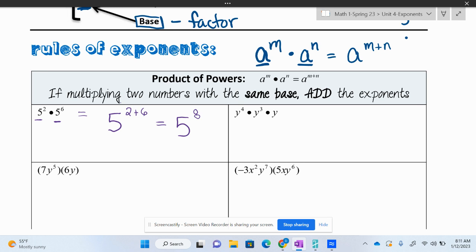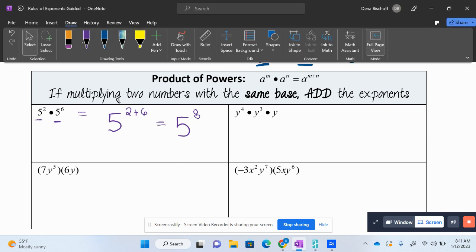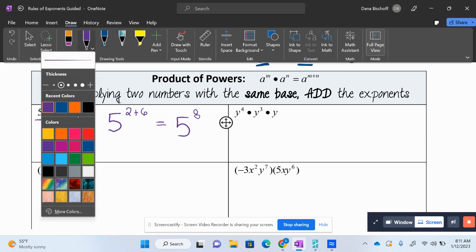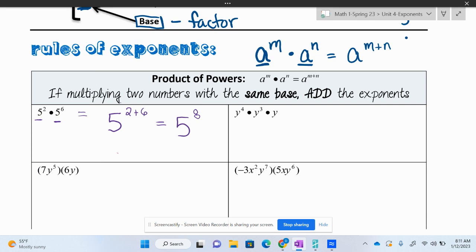Okay. I'm going to tell you why that is. I'm going to show you something because I think this visual will help you. Do you guys remember yesterday we talked about what this means? 5 squared means 5 times what? 5 times 5. And 5 to the sixth power means 5, 6 times, right? 5 times 5 times 5 times 5 times 5 times 5. So that's what's taking place.